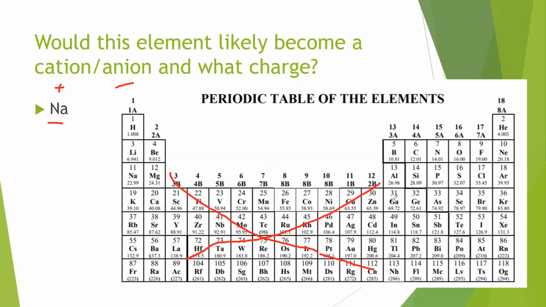So that should help you a little bit. I see a lot of people got it right so far. And then remember the charges. I'll do more explanation about the charges.